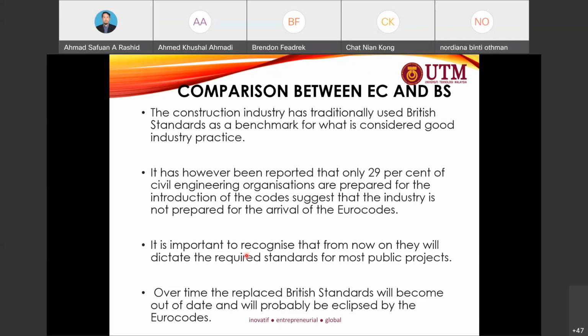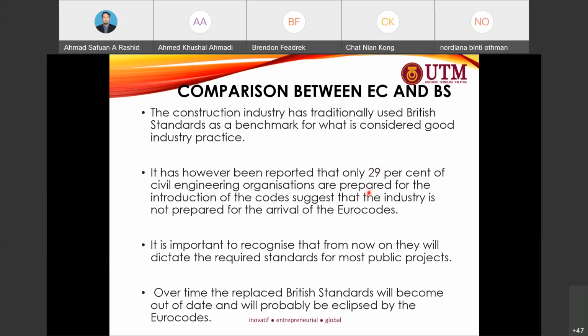Honestly, I'm not sure what year this 29% refers to, because this is a slide prepared by Prof. Ramli. But I guess currently we are getting better, because most of the authorities, for example the public works department or local authorities, have asked all designers to submit their design using the Eurocodes.